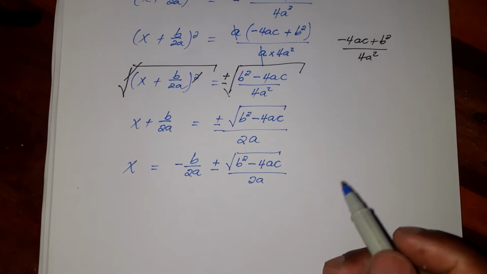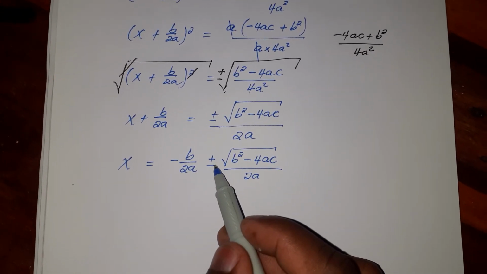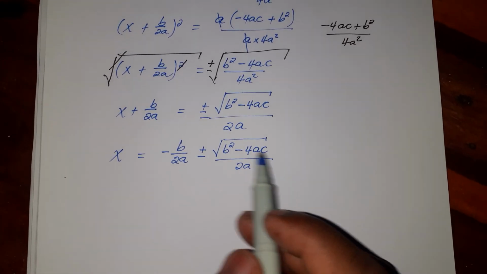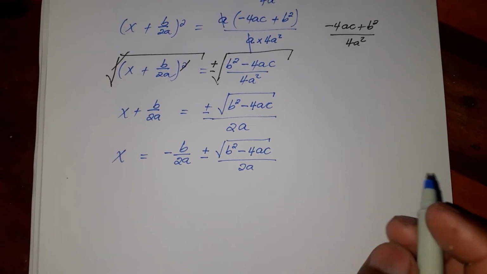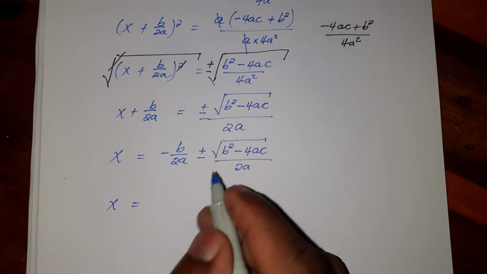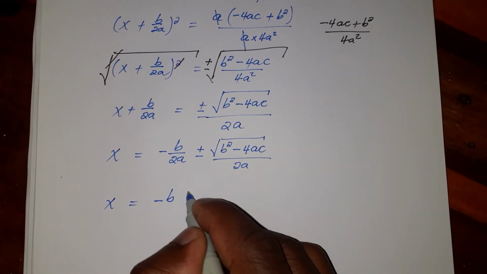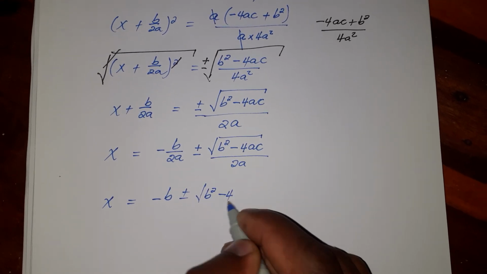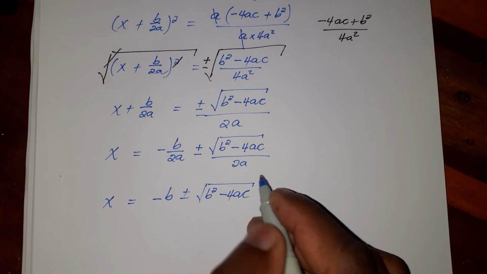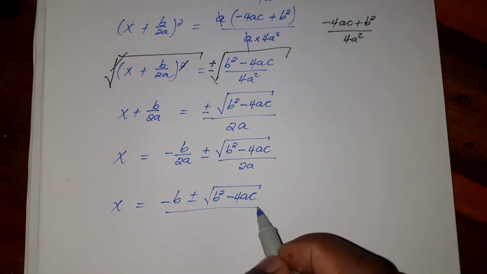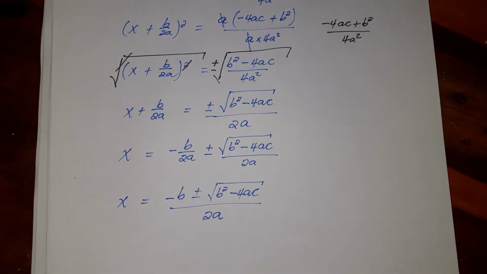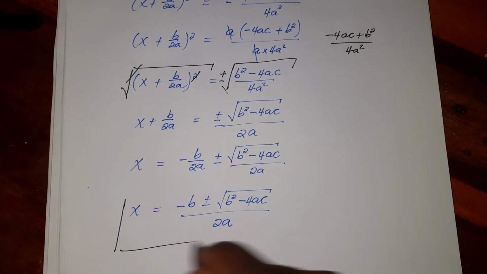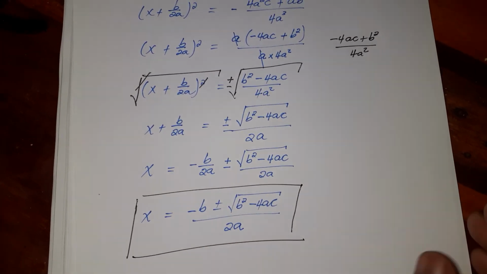We know that when we are adding or subtracting two fractions and the denominators are the same, we write the same denominator and only add or subtract the numerators. Then we are going to have x equals minus b plus or minus the square root of b squared minus 4ac, all over 2a, and that is the quadratic formula.